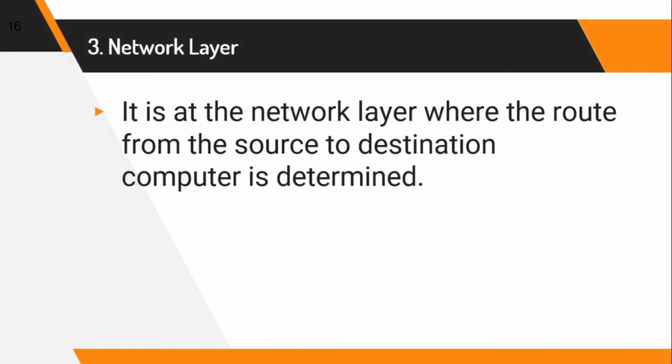Network layer is where the route from the source to destination computer is determined. Routes are determined based on packet addresses and network conditions. Traffic control measures are also implemented at the network layer.